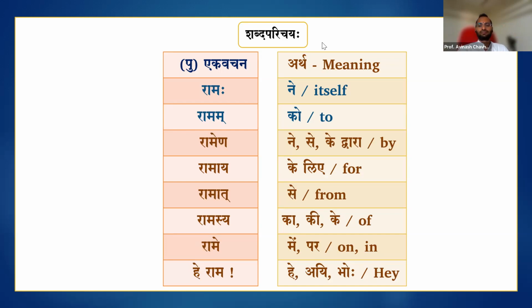Rama is a noun which will be declined in all cases: Ramaha, Ramau, Ramaha, Ramam, Ramau, Raman, Ramena, Ramabhyam, etc. Here I have put the singular: Ramah, Ramam, Ramena, Ramaya, Ramat, Ramasya, Rame, He Rama.